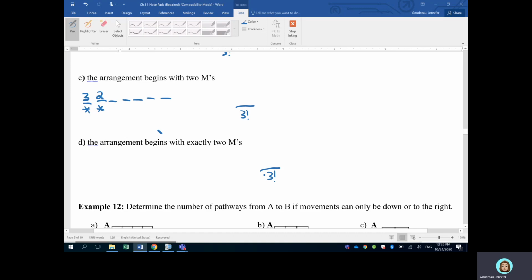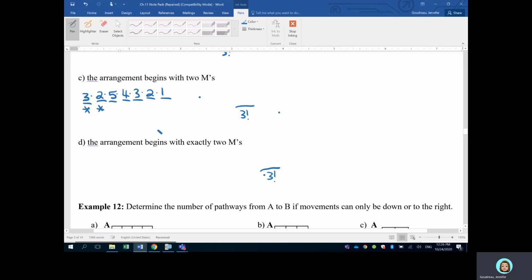The remaining blanks have no restrictions, so the remaining M is going to join up with all the other letters, meaning we have 5 choices for the third blank, then 4, then 3, then 2, then 1. We are going to multiply all those choices together.